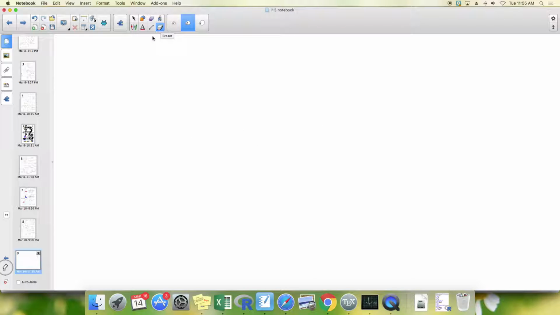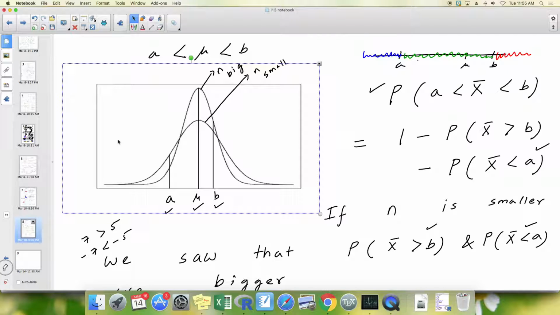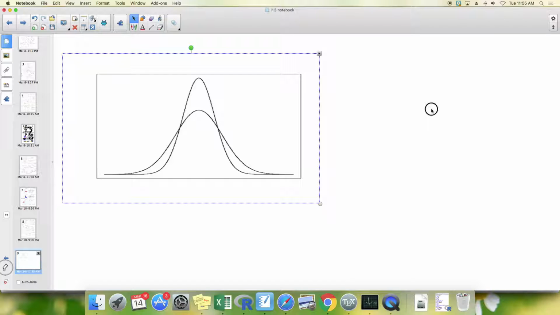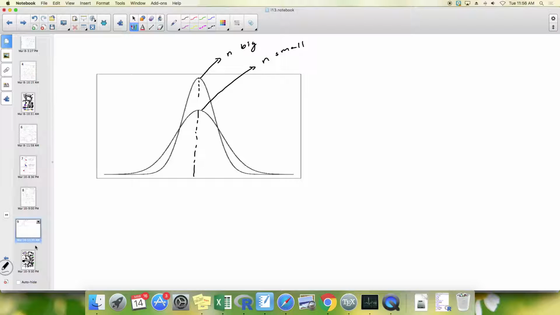Let me copy and paste. Okay, so obviously we know that this is n big, this is n small also. So I'm doing this in advance for a question that we'll do later.